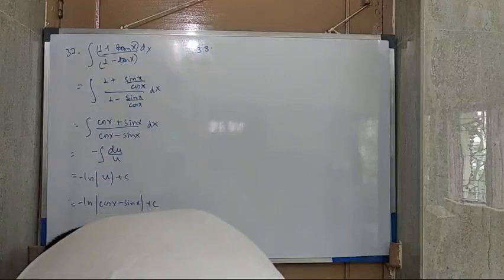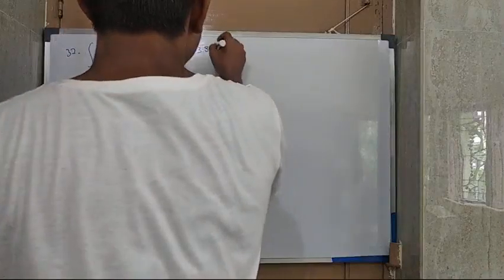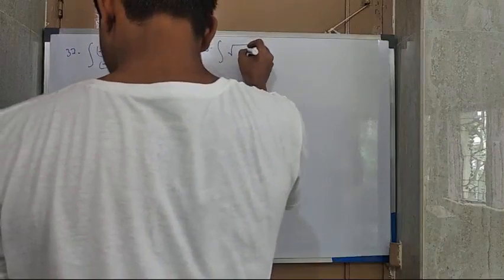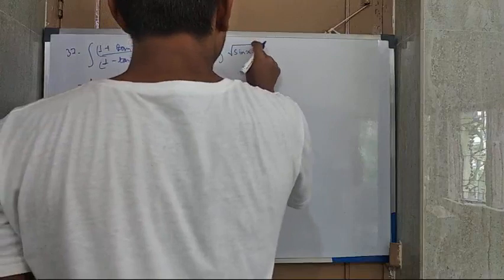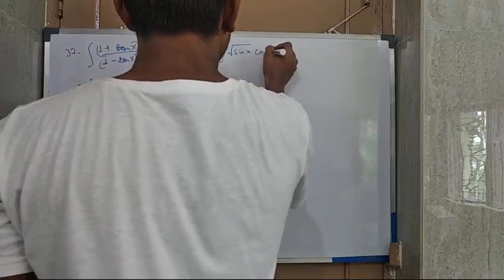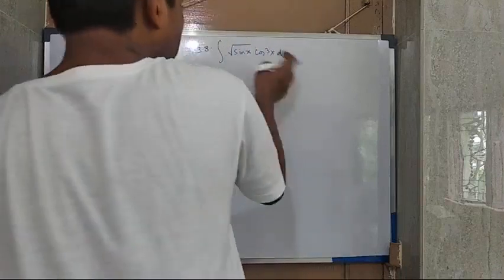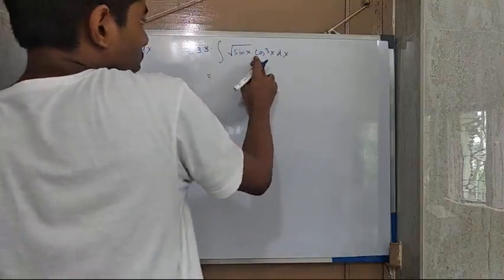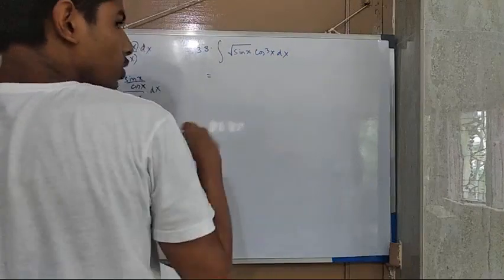So the 38th question is integral of root sin x cos cube x dx. For integrating this I am going to factor cos cube x into cos square x and cos x.